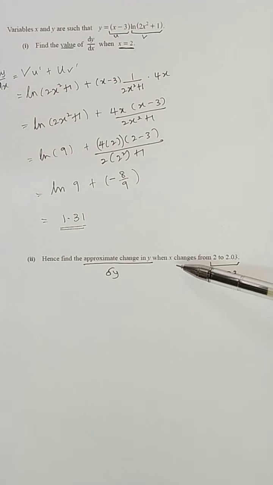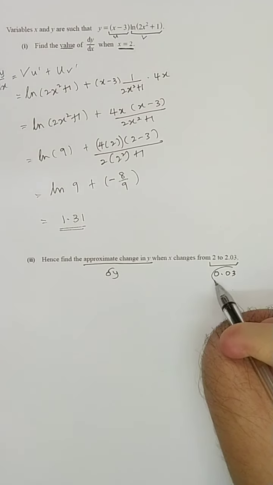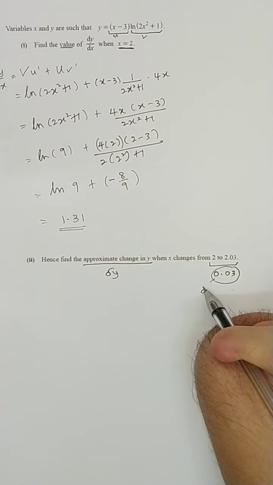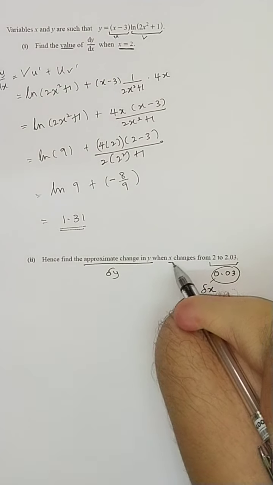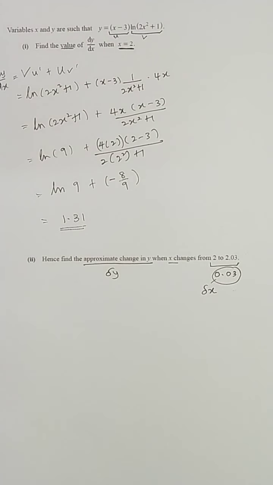But if the change is a decrease, then the delta will be a negative number. So this 0.03 is delta x, because x changes from 2 until 2.03.